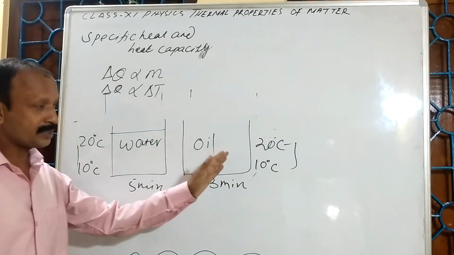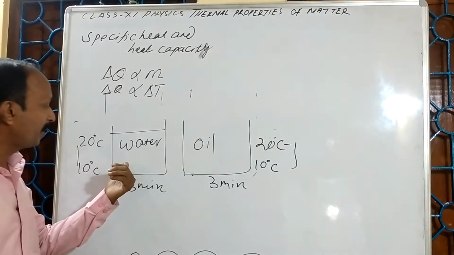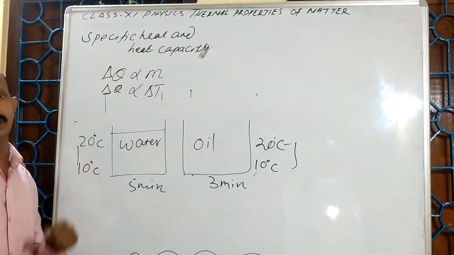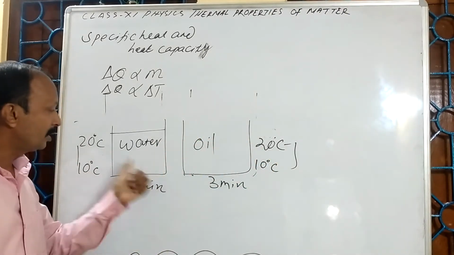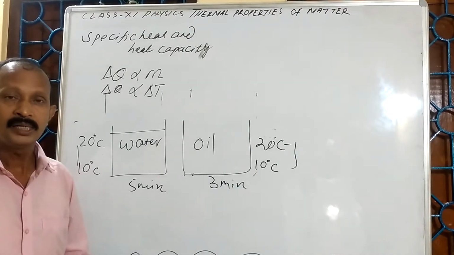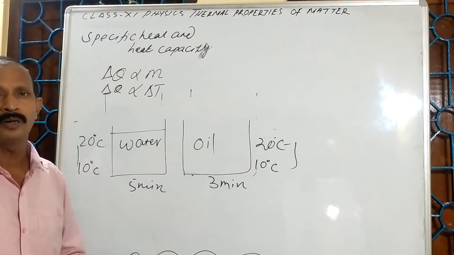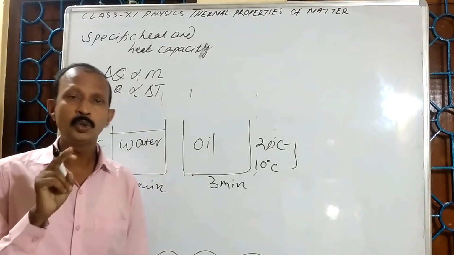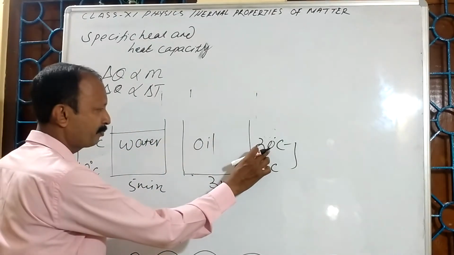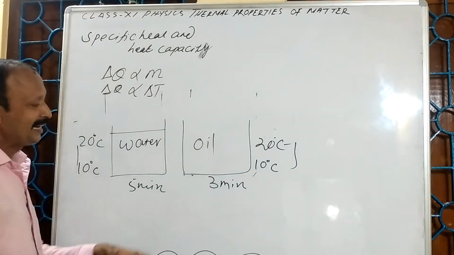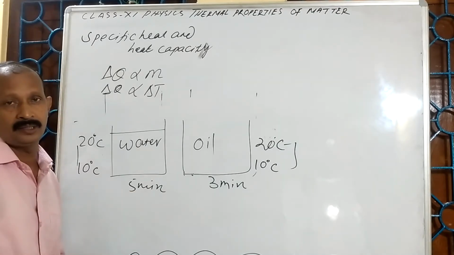That means in this case I supplied less heat in comparison with the first case. But the change in temperature I got is the same. Here is 10, here is 10. That means the amount of heat it needed depends upon the mass of the substance to reach the same temperature. It reached 20 degree, here also reached 20 degree, but it absorbed less heat than the first case.